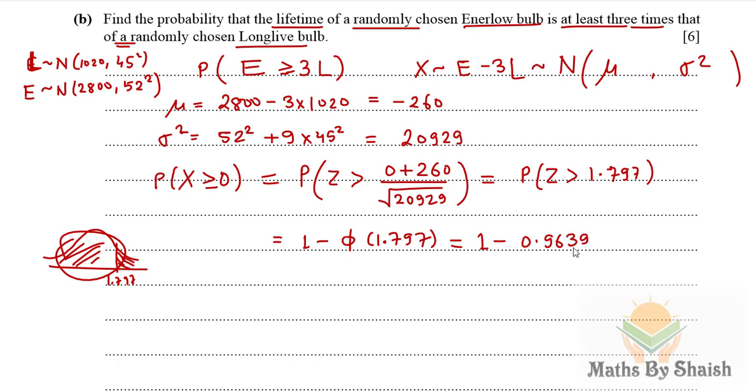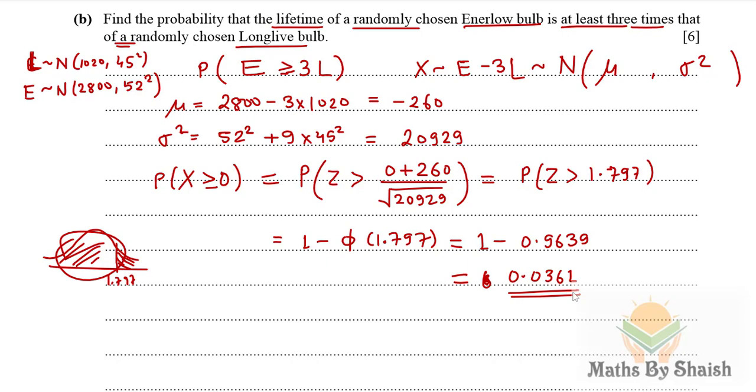Now we will subtract this value from 1, and this is the probability, 0.0361, and that's the probability.